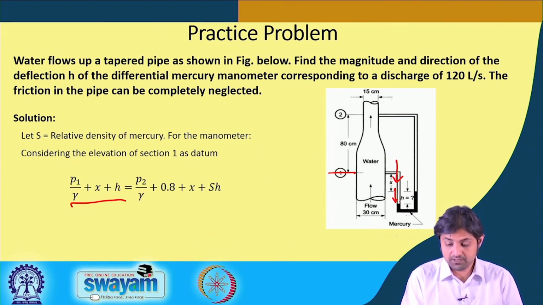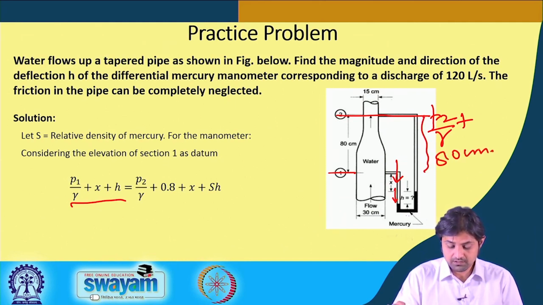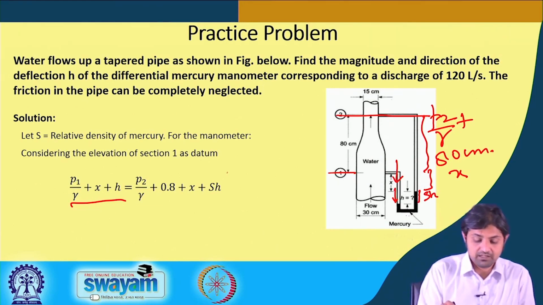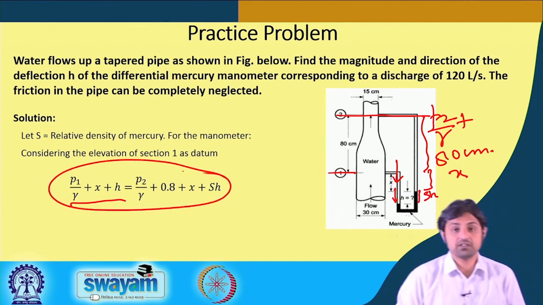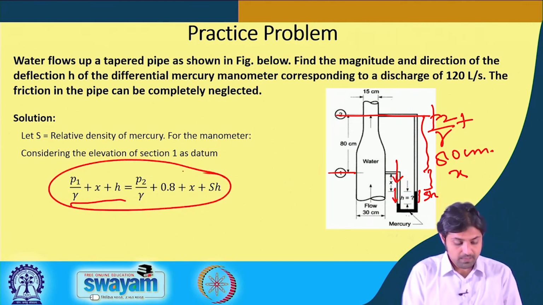Now that will be equal to P2 by gamma plus 0.8, because this is 80 centimeters, plus X plus, because the mercury is there, not water, instead of H we write SH, and this is how we get this equation.